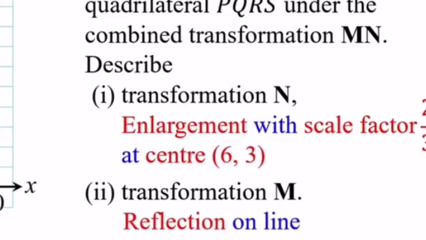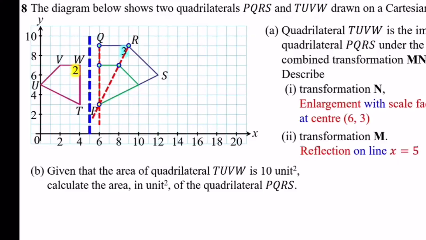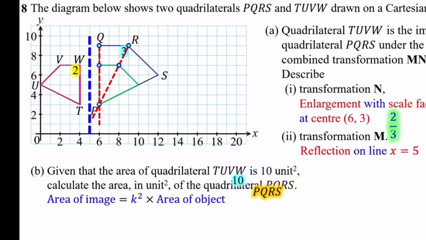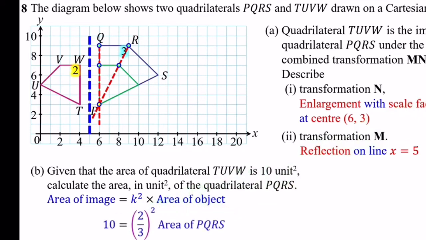The green one is smaller than the blue one, and the center of the enlargement is (6, 3). Followed by, we'll do reflection in the line x = 5 to get the final image, which is TUVW, for the combined transformation MN.